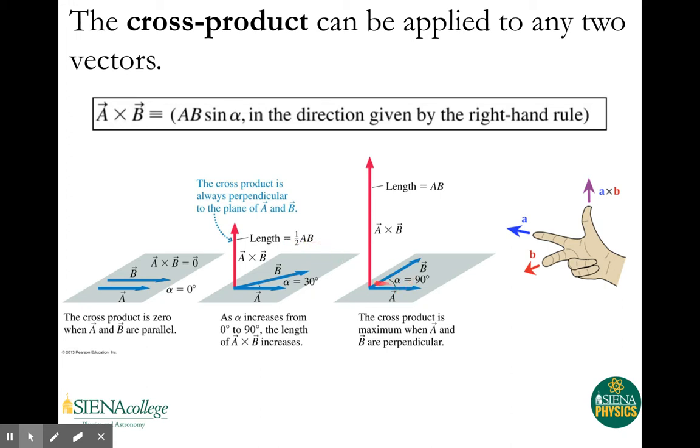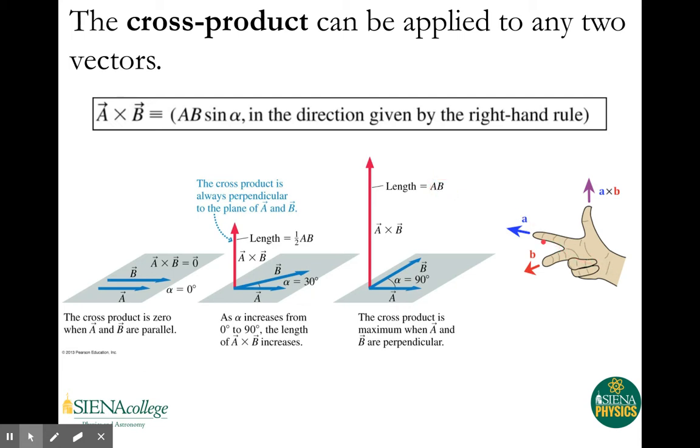And then we can get the maximum cross product when the two vectors are perpendicular to each other. So again, we take the magnitude of A, the magnitude of B times the sine of the angle between them, which for 90 degrees would be 1. And so the cross product in that case is equal to AB.